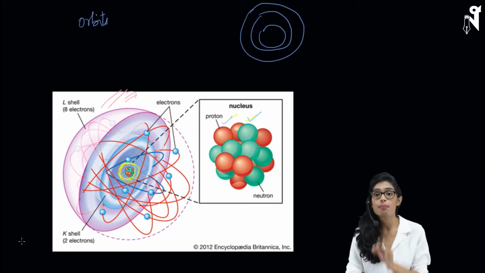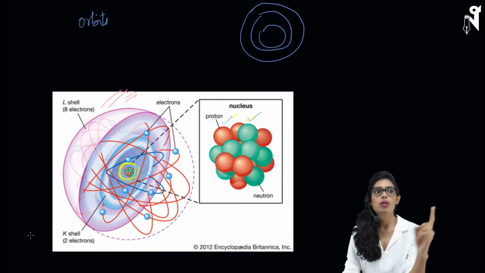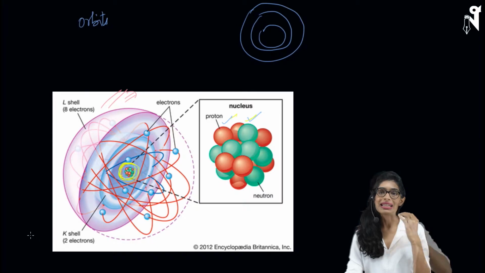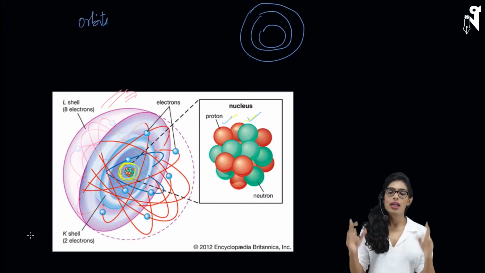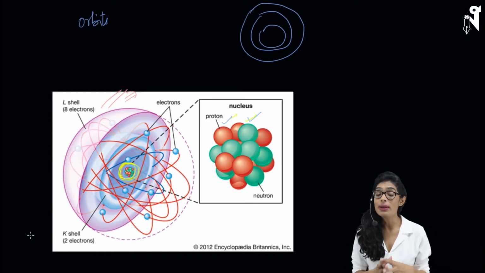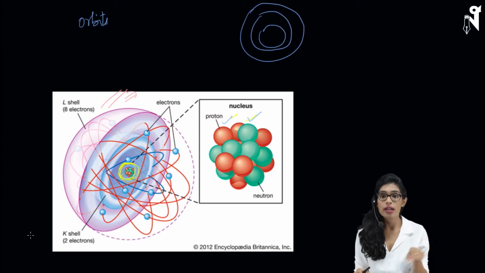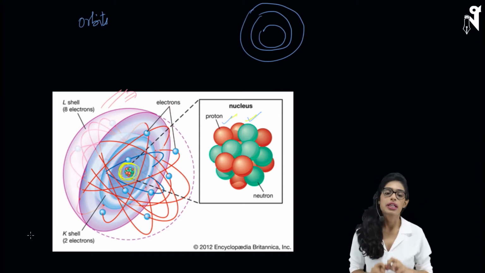They have a specific path, and that path has specific energy. The same way Earth revolves on its orbit, Mars revolves on its own orbit, and it doesn't move out to some other planet's orbit. Exactly the same way electrons revolve in their own specific orbits, and every particular orbit or shell has a limited capacity of containing electrons.